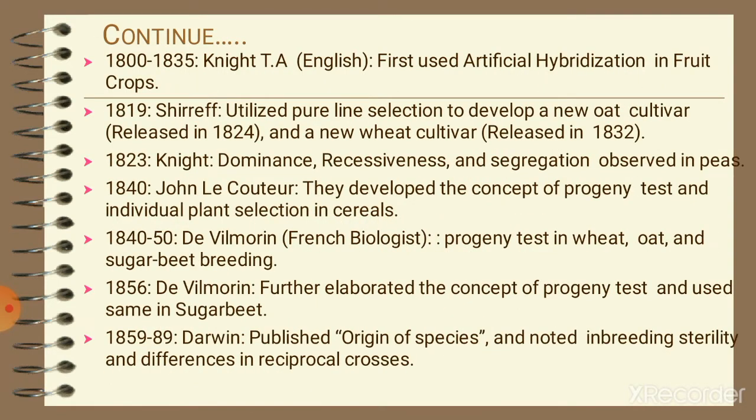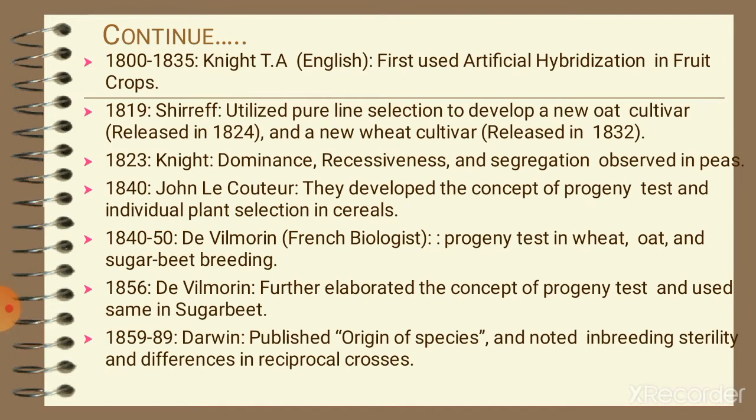In 1800 to 1835, T.A. Knight, an English scientist, first used artificial hybridization in fruit crops. In 1819, a pure line selection was utilized to develop a new oat cultivar as well as a new wheat cultivar. In 1823, Knight again observed dominance, recessiveness and segregation in peas.